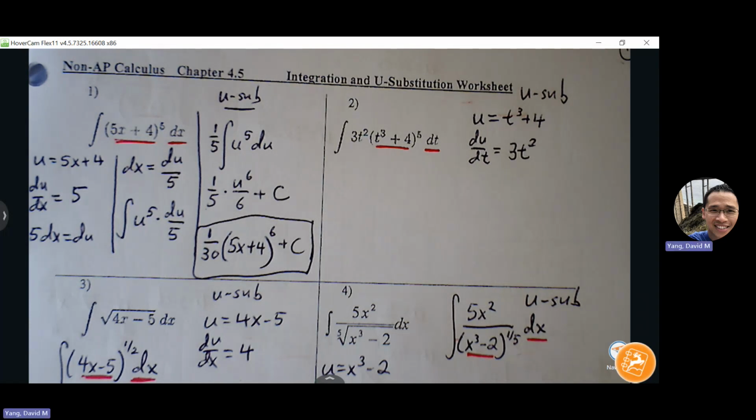And replace the u by cosine x. Okay. Yes. Any questions?